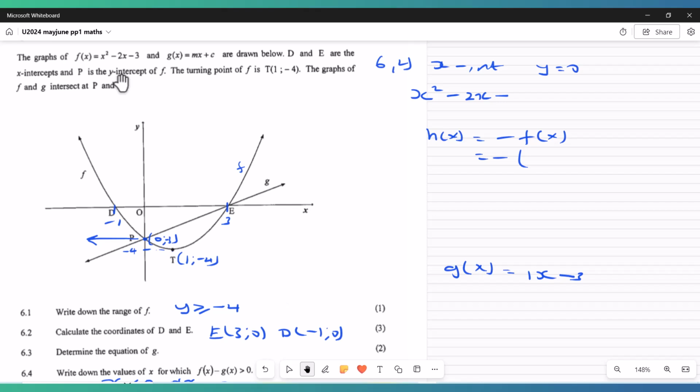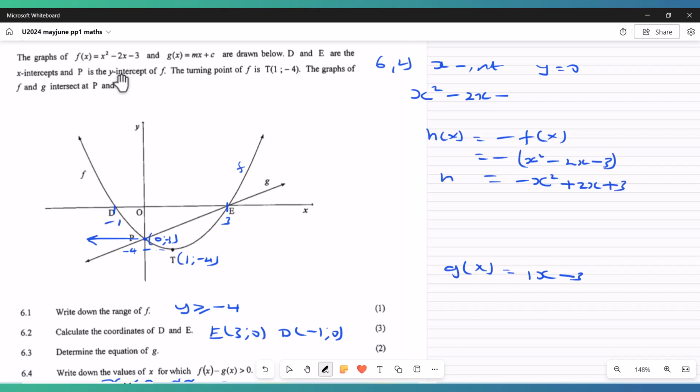So we have x squared minus 2x, then minus 3. Okay, which gives us negative x squared plus 2x plus 3.